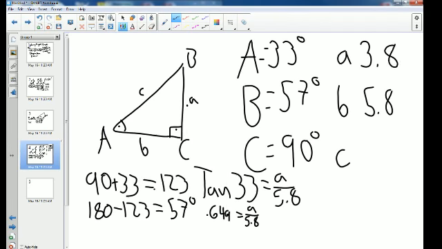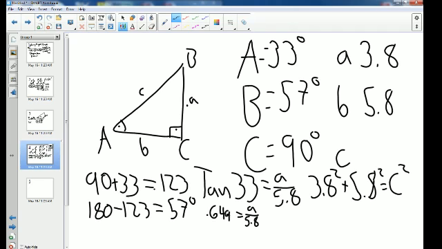Alright, and then to find C, we'll do the Pythagorean theorem, which is a squared plus b squared equals c squared. So 3.8 squared plus 5.8 squared equals c squared.